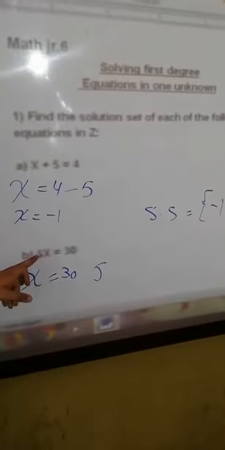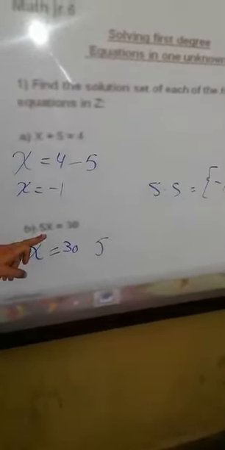Here you don't have any sign between 5 and x. And we said from junior 5 and from the last lesson, if you don't have any sign between the number and the variable, it must be a times sign. Here 5 is times, so when it goes to the second side, it will be with divided.